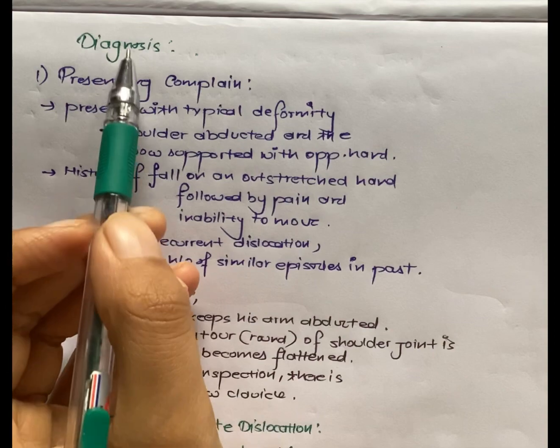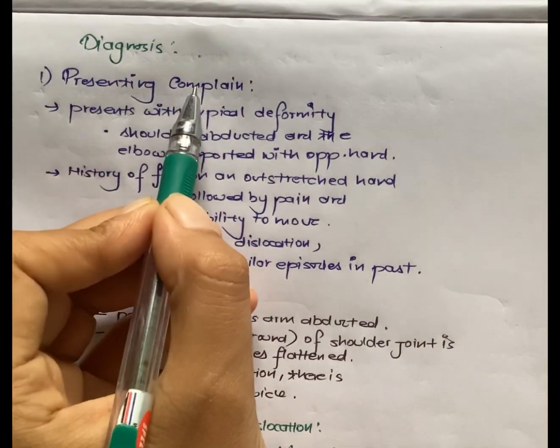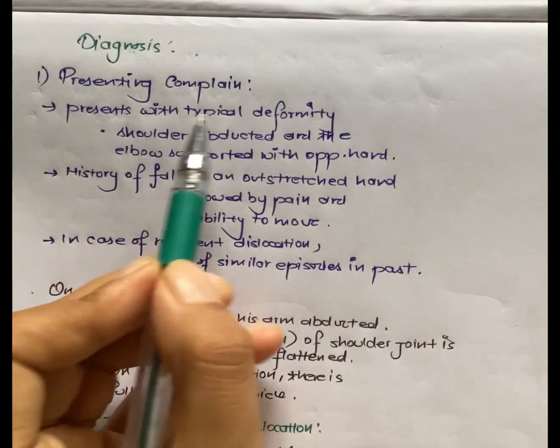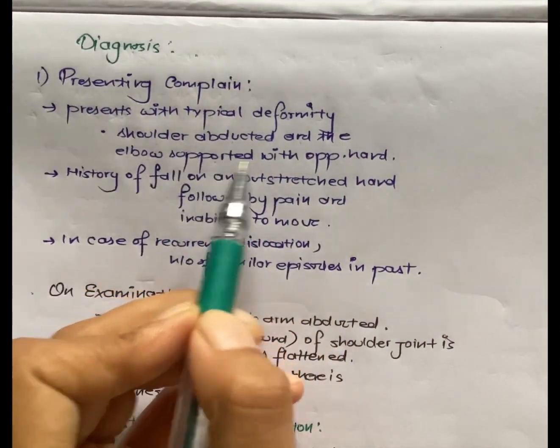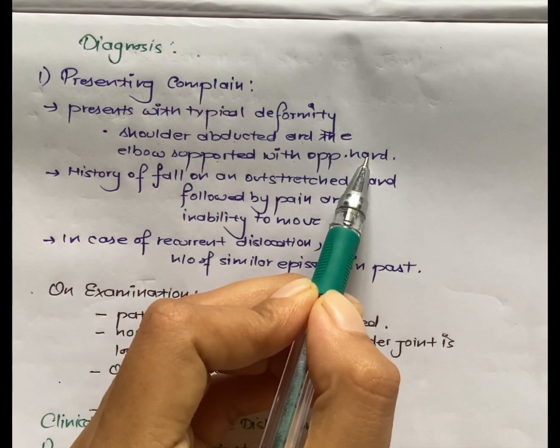Now talking about the diagnosis, the presenting complaint will be that the patient presents with a typical deformity, that is shoulder abducted and the elbow supported with the opposite hand, like this.